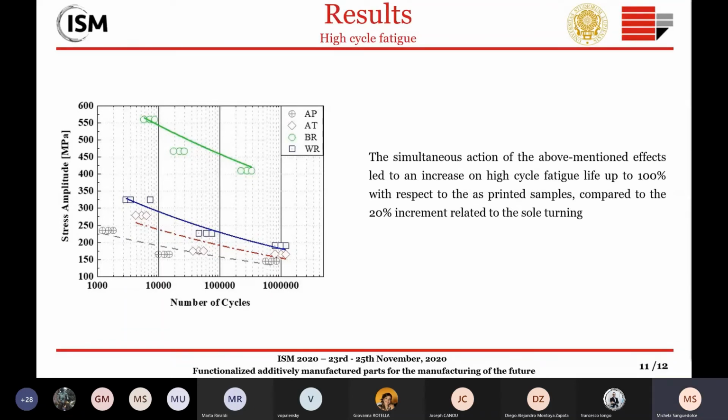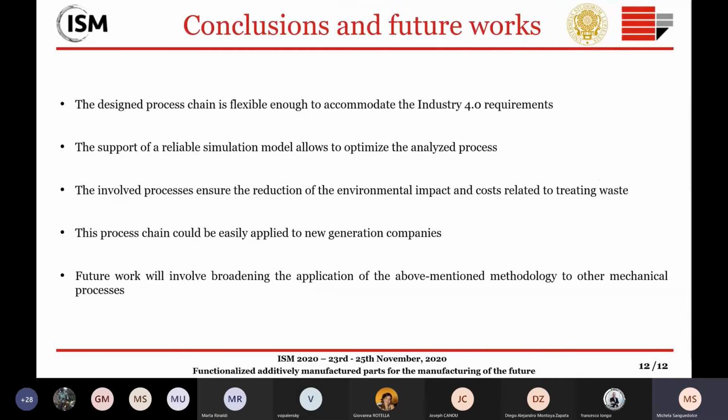In conclusion, we can say that the design process can flexibly satisfy Industry 4.0 requirements without affecting the final quality of the product required.